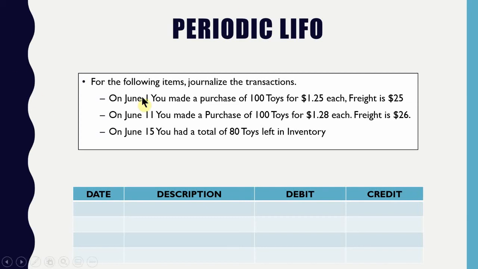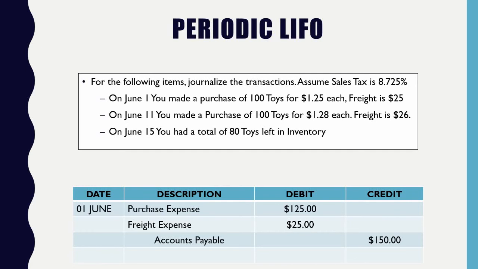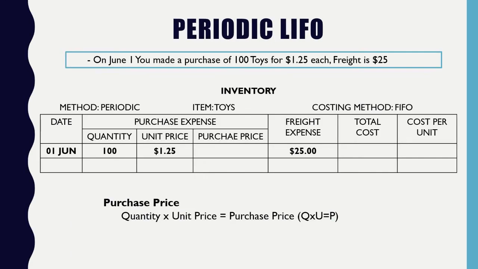So on June 1st, we made a purchase of 100 toys at $1.25 with the freight costing $25. We have to journalize that for purchases, freight expense, with accounts payable, a total of $150. We need to put that into our inventory worksheet.